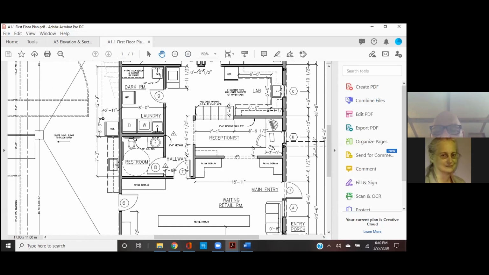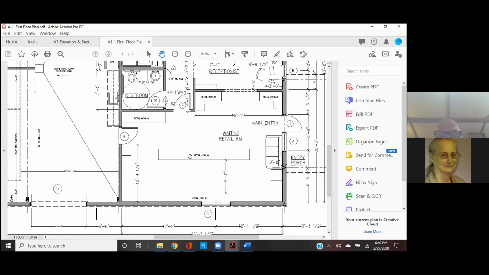And would this be a glass window here too? No, that's probably just a walkthrough, just a cased opening, a wide open deal. They can walk in there. And then this is glass. And this retail display, more retail display here.